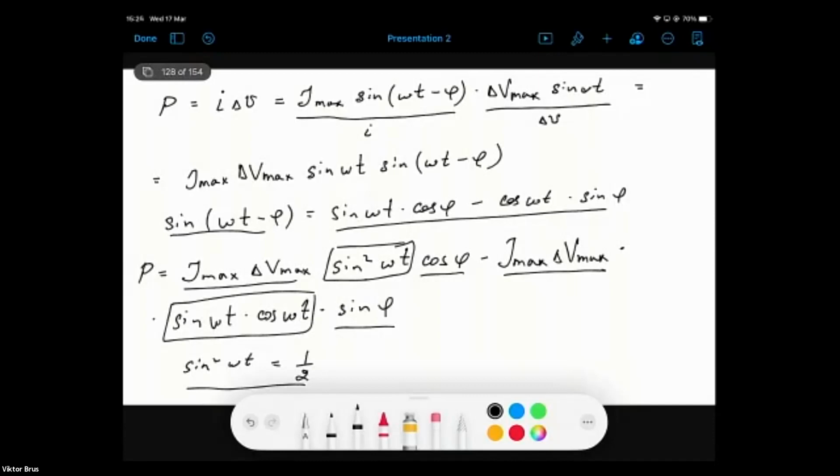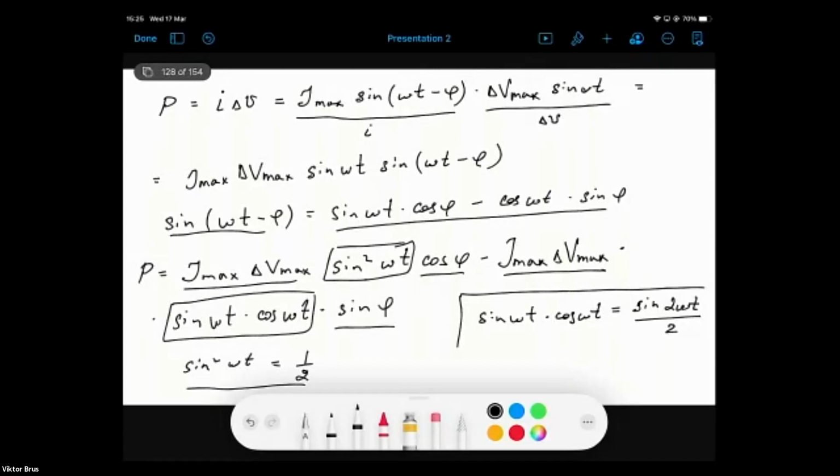This product can be represented in the form: sine omega t times cosine omega t is equal to sine 2 omega t divided by 2. So this is not an average, we can just use this trigonometric identity.